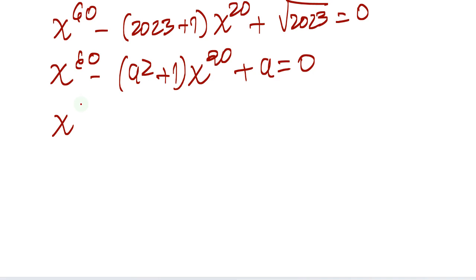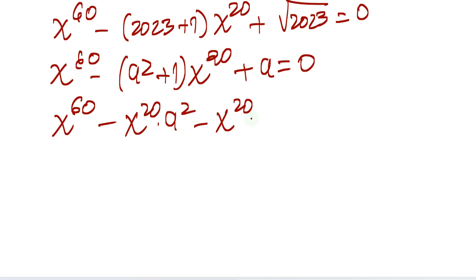And then I was thinking of a third method that just came up in my mind, so let's solve this. So we're gonna have minus x to the 20 times a squared, and then minus x to the 20, and then plus a equals 0.